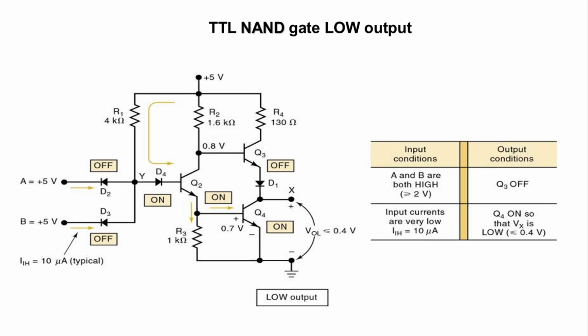Here we are applying the signal from A and B inputs, which is passing through transistor Q2, which makes it on. After that, we are getting the output at X and ground section as a low output. So that's why the structure gives TTL NAND gate low output structure.